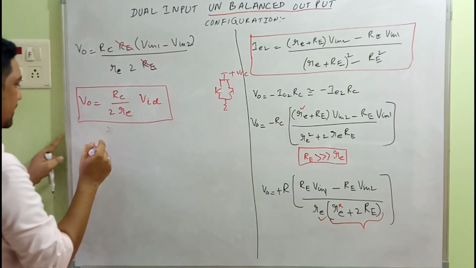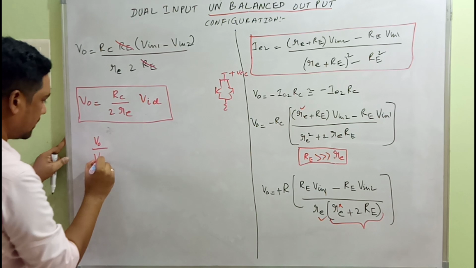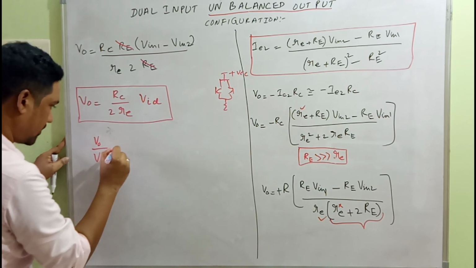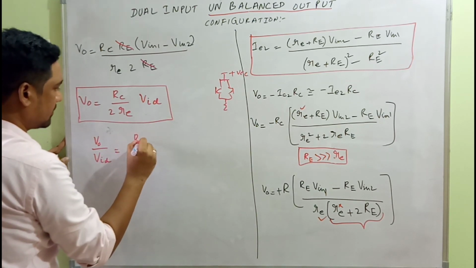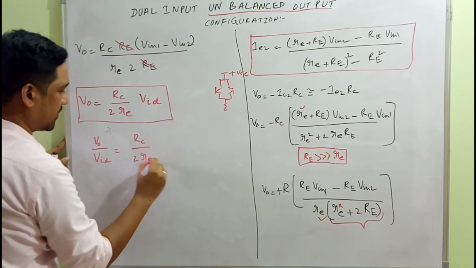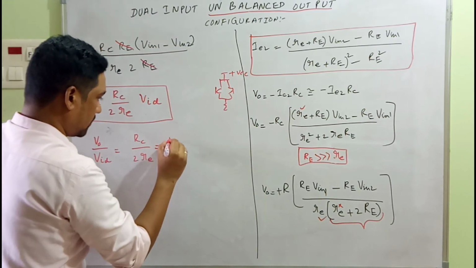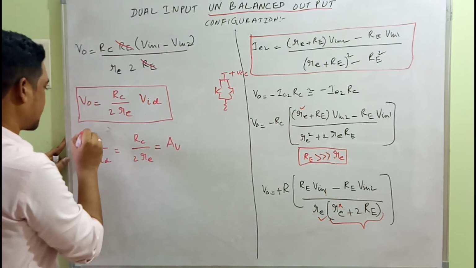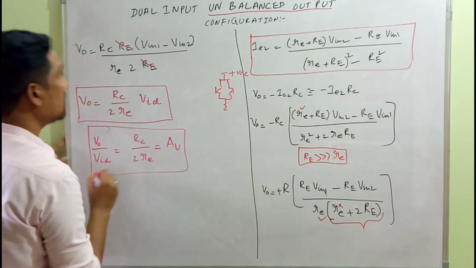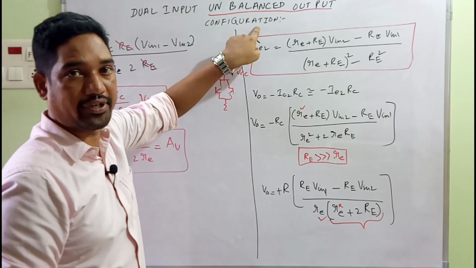And so going ahead, V naught by Vin difference will be equal to RC by twice of RE, dynamic resistance of the emitter junction, which is equal to the voltage gain, the expression for the voltage gain of a dual input unbalanced output configuration of a differential amplifier.